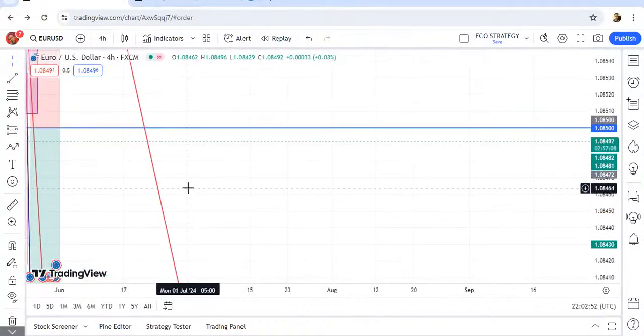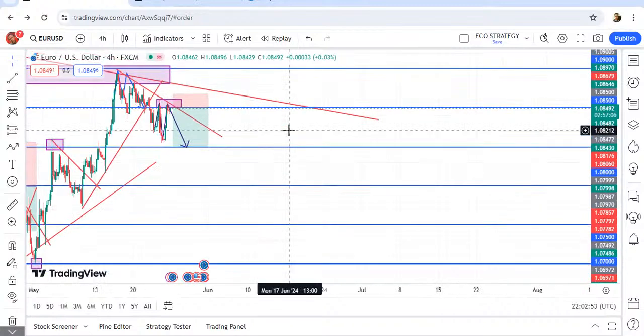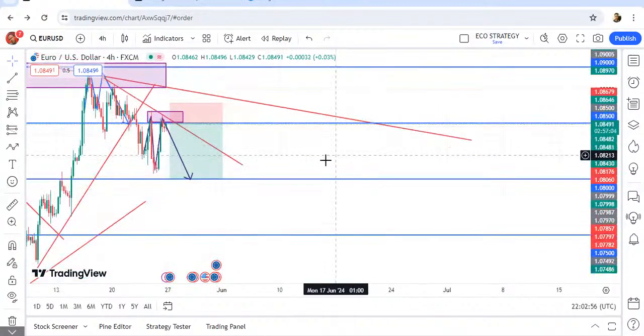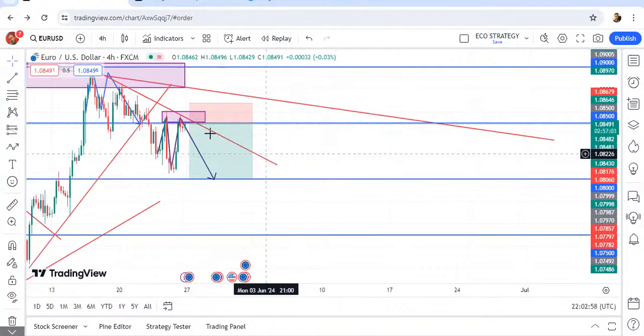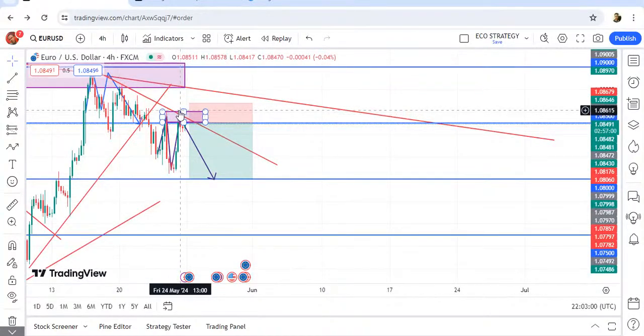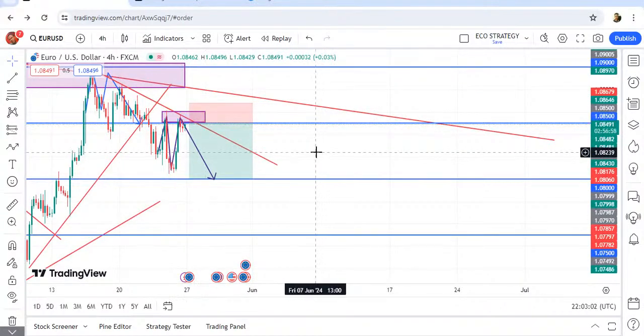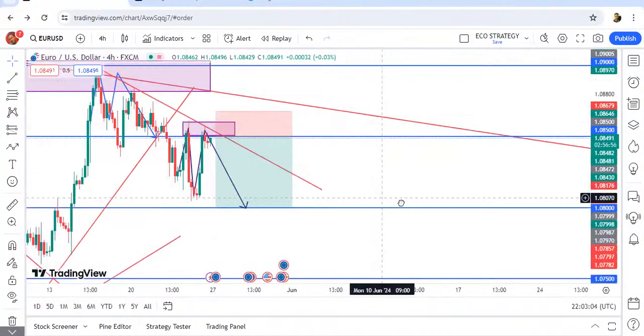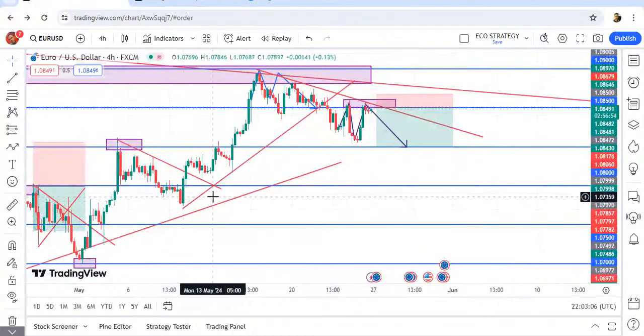You can actually set a limit order on psychology level. First touch, second touch, third touch.